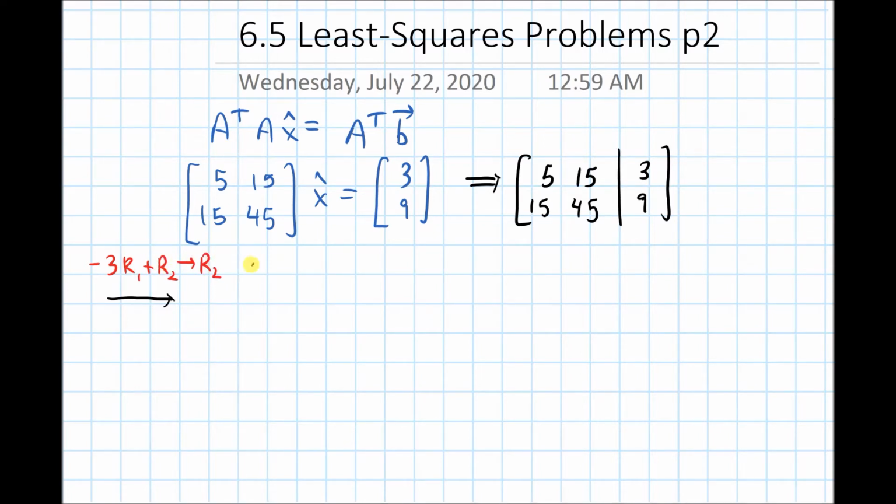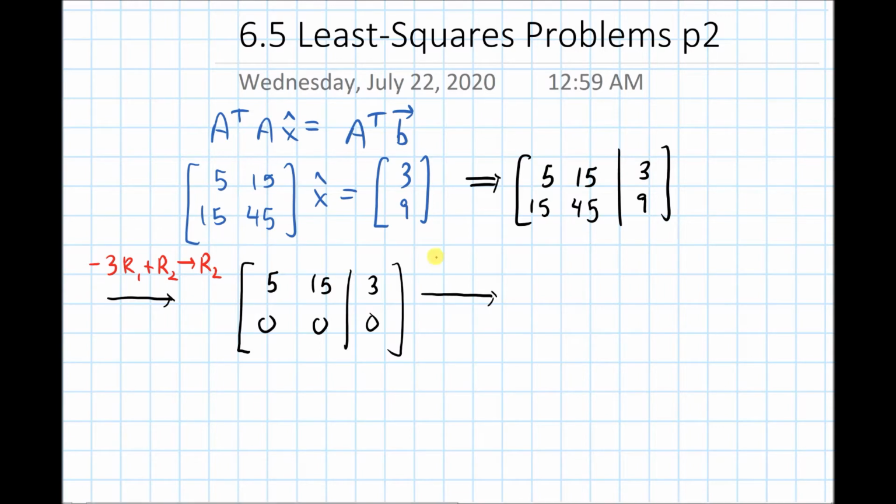The top row stays the same, 5, 15, augmented with 3, but the bottom row becomes all 0, because the second row was just a perfect multiple of the first row. Now we're almost there.